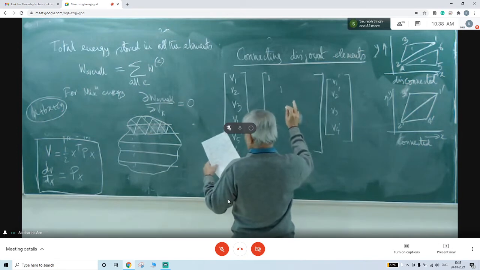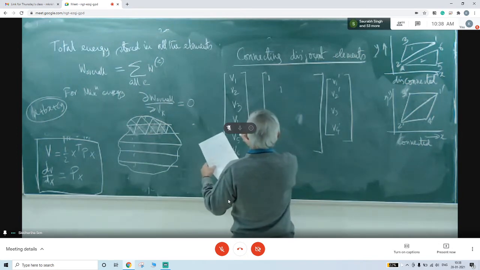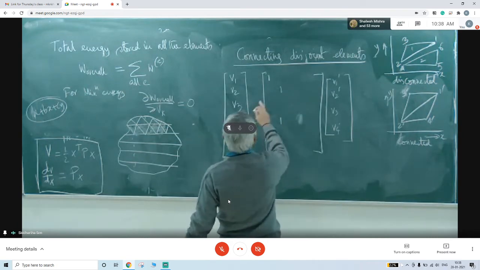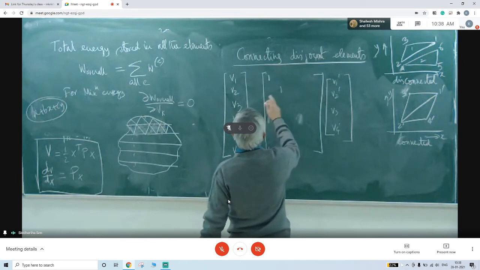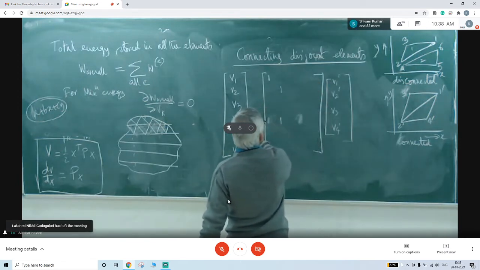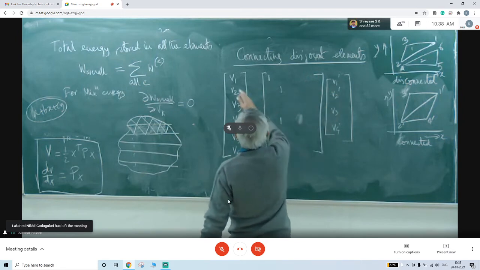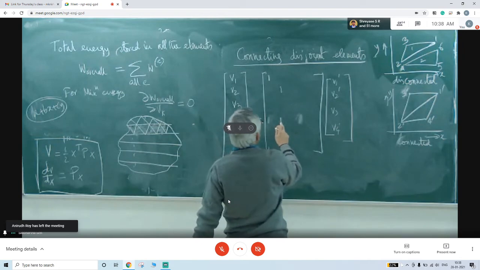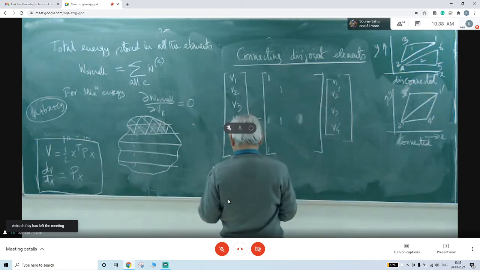V2 is this one, and this one is V4. So V4 is equal to V2 dashed, and V2 is equal to V2 dashed.